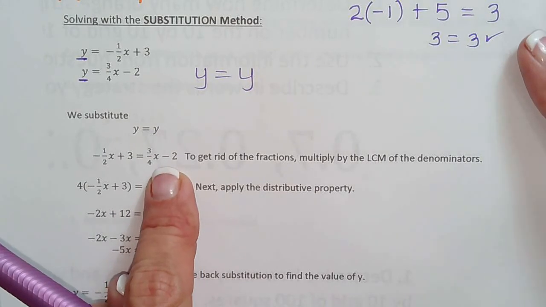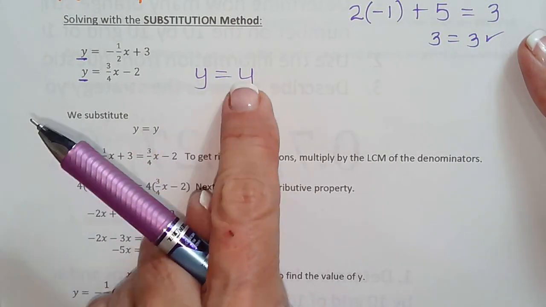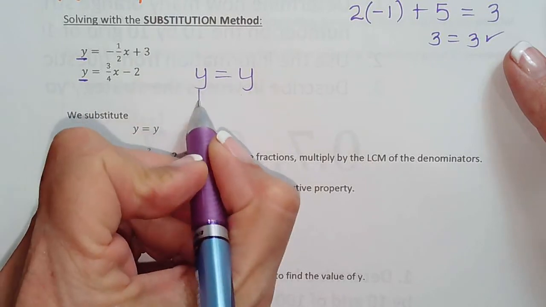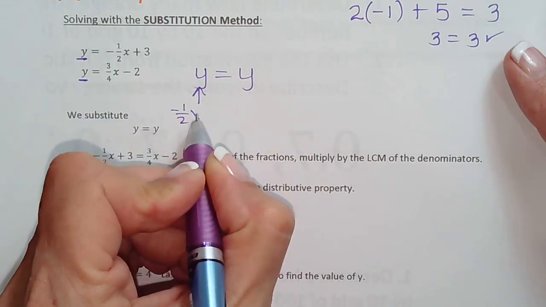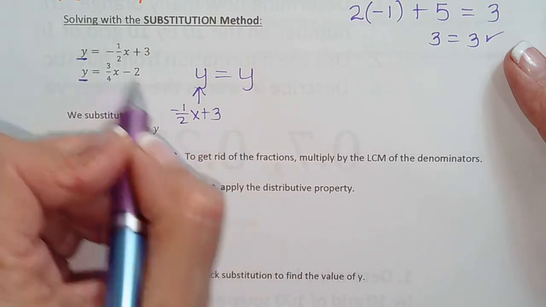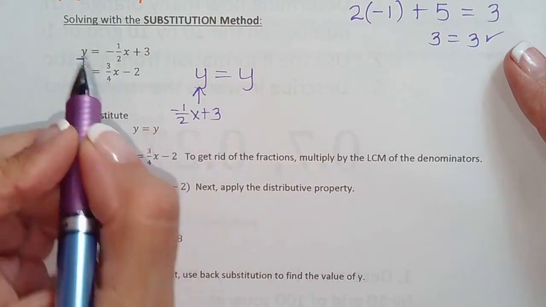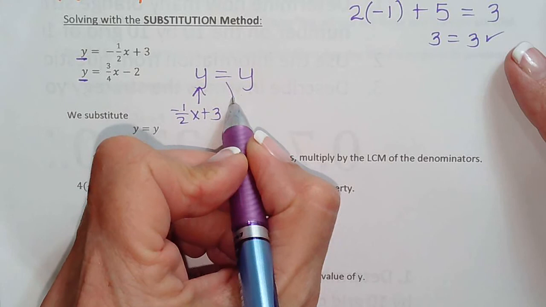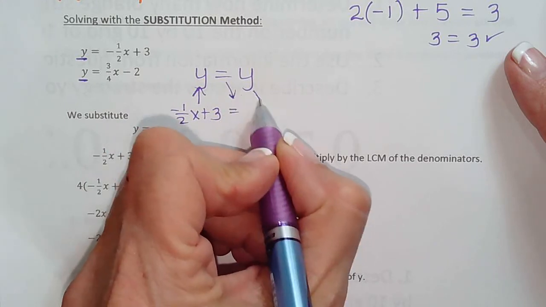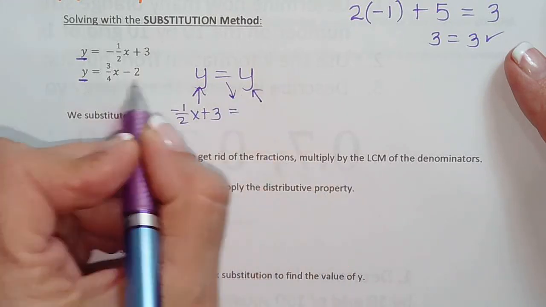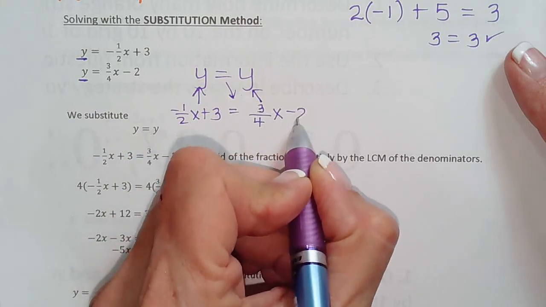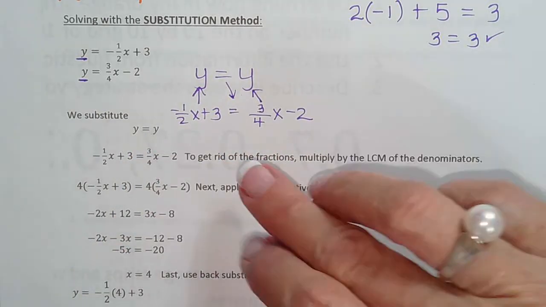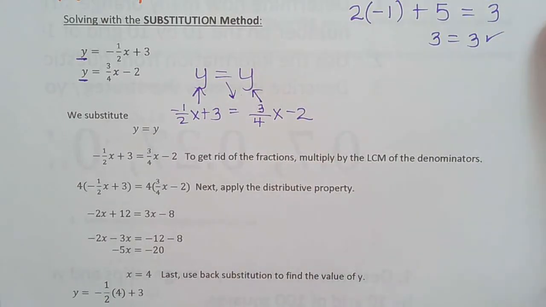So that's why it's called substitution, because we know y equals y, and in place of this y, you're putting its equation, because equal means they're the same, so they can be interchanged at any time. Bring down the equal sign, and in place of this y, we're putting what it's equal to. So that's why it's called substitution, because we're replacing something with something that's equal to.